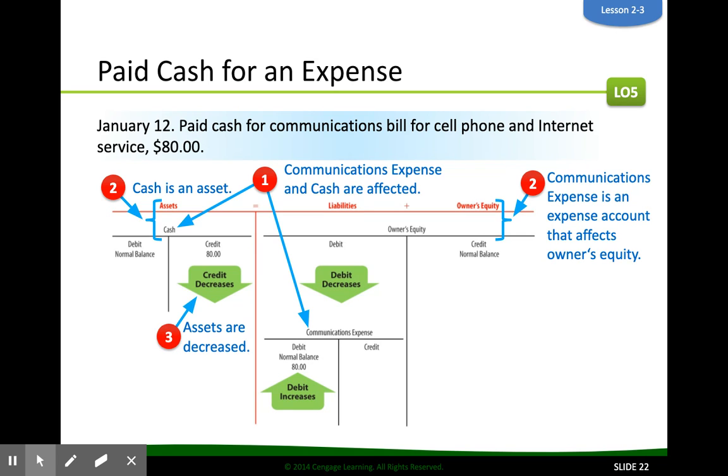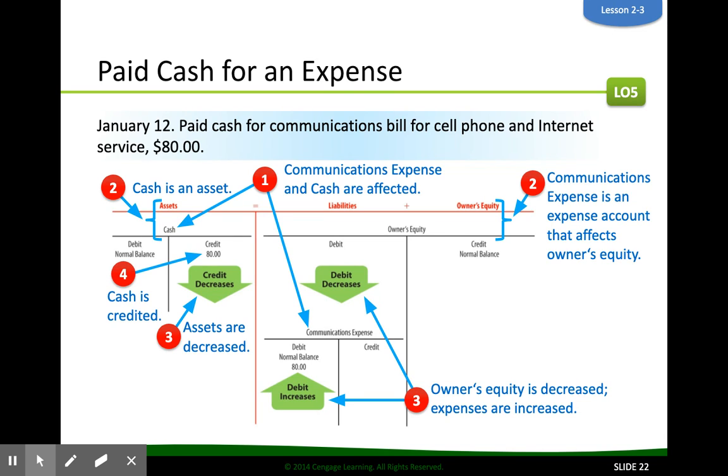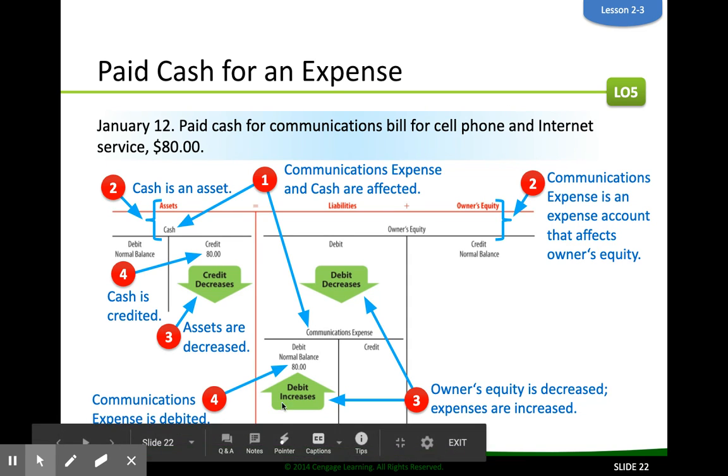So assets need to be decreased because we paid cash. Owner's equity needs to be decreased because we're losing value in the company. So how we need to record this transaction is we need to credit cash to decrease cash, and we need to debit our expense.